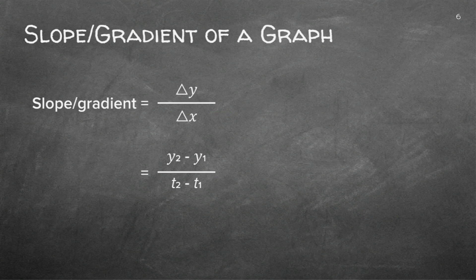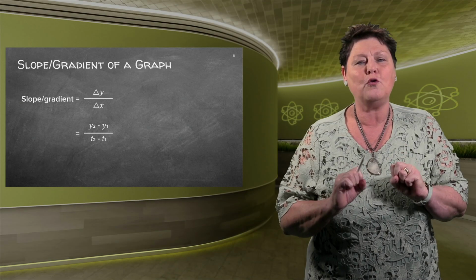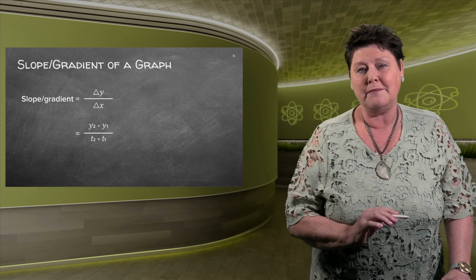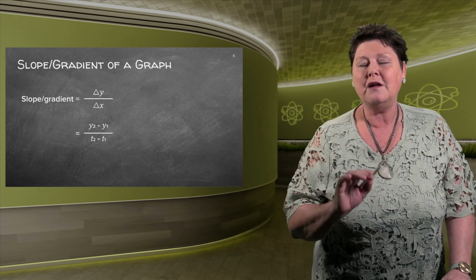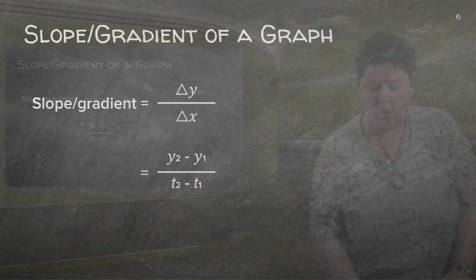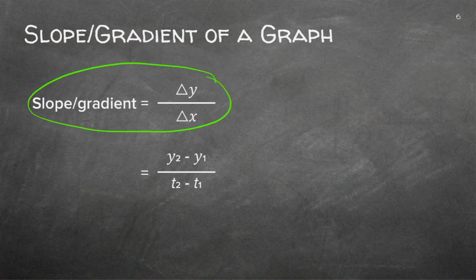Right, two defined equations for graphs. The first one, slope or gradient. You've done this in math, so make sure that you know that you always write down the equation. The gradient is the change, and in this case, of the y-axis over the change in the x-axis values.